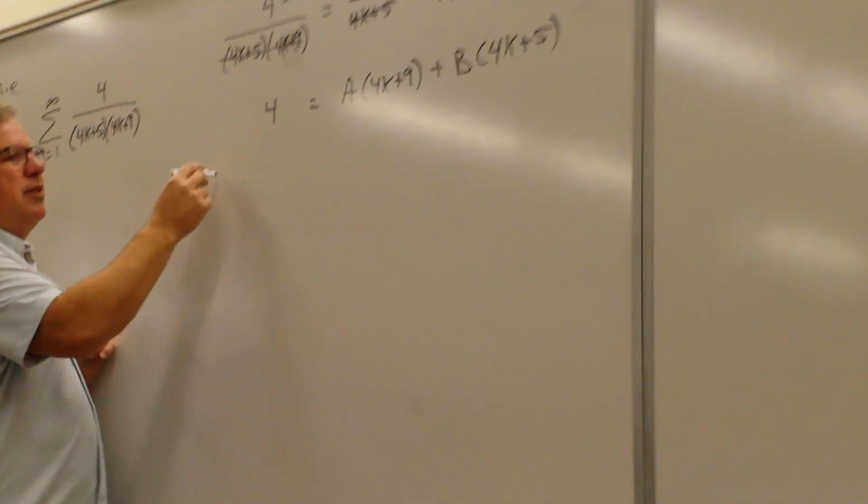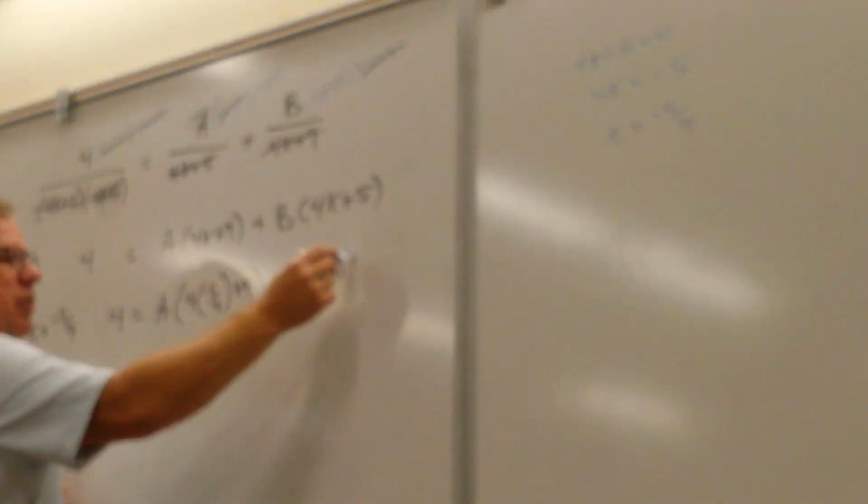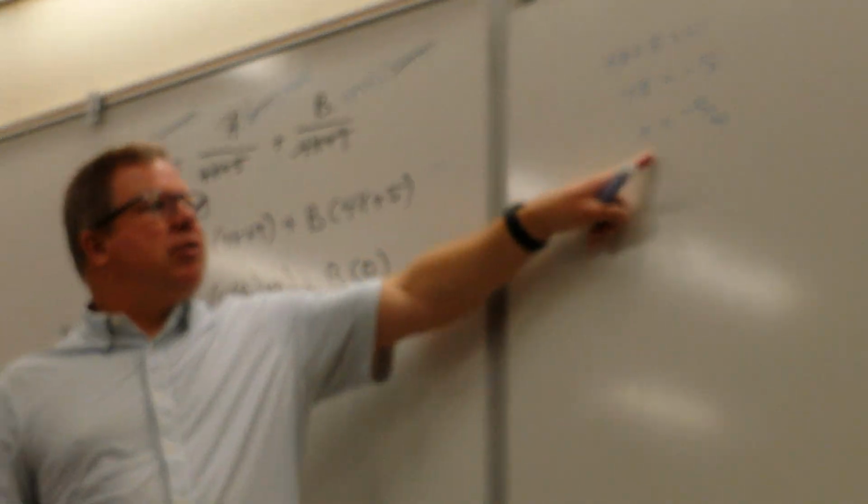So we're gonna let k equal negative 5/4. That will give us 4 equals A times (4 times negative 5/4 plus 9) plus B times, what's that gonna be? 0. We just found the value of k that makes that 0, so that's gonna be 0.